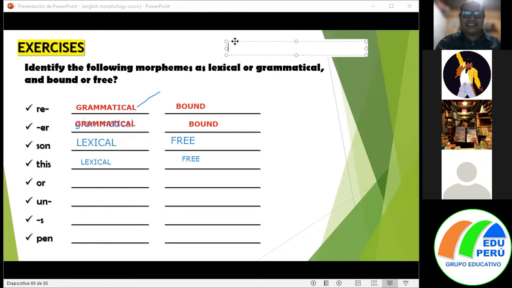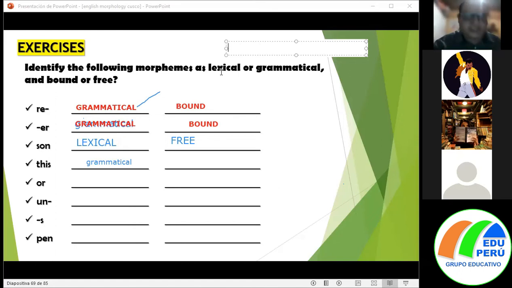grammatical. These are not lexical. Remember, Fiorella, lexical are lexemes, content words. Lexical: nouns, verbs, adjectives, and adverbs. This is not a noun.